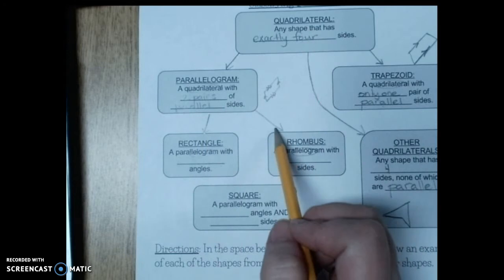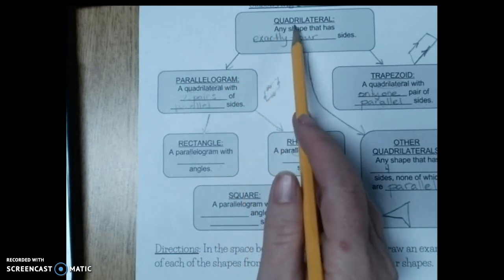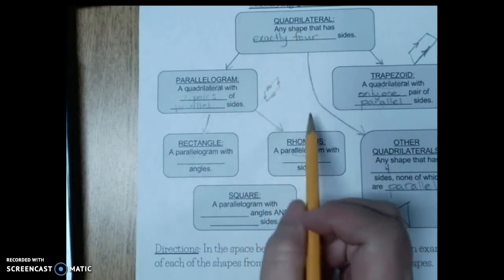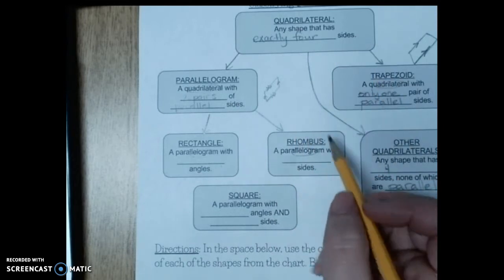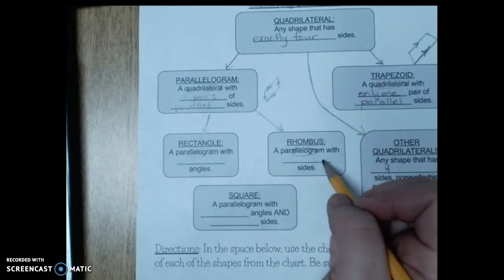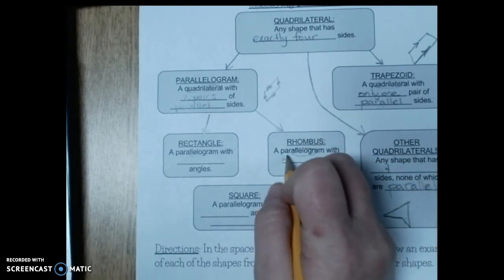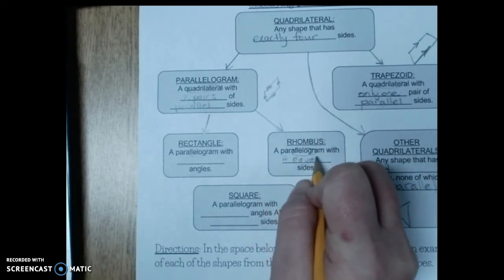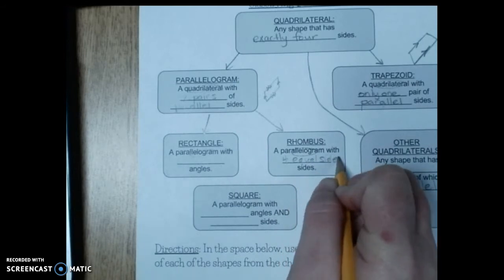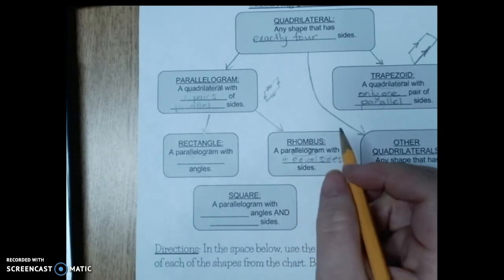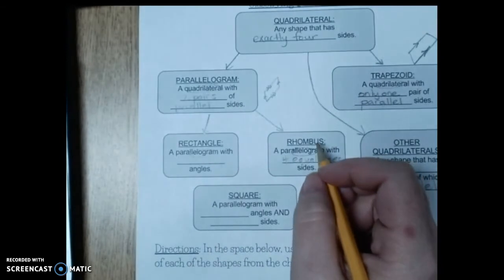So you can trace the arrows up to find all their attributes. Let's do our definition first, and then we'll talk about it. A parallelogram with, for a rhombus, four equal sides. That means I would need to measure the sides, with a ruler or with another piece of paper, to double check that they're all the same length.